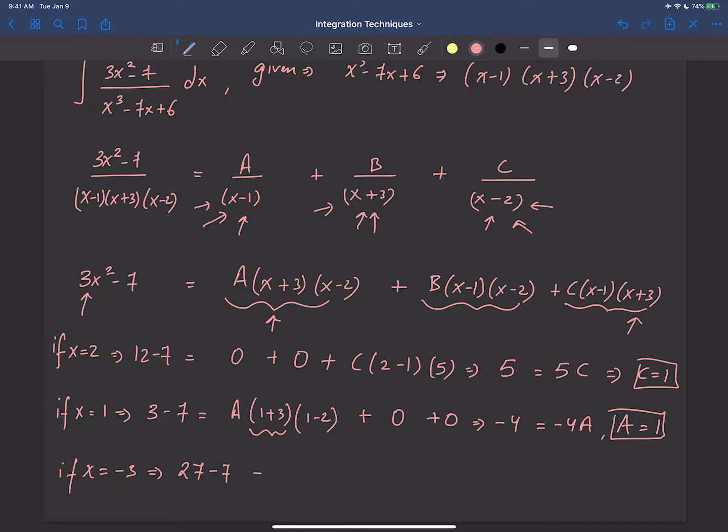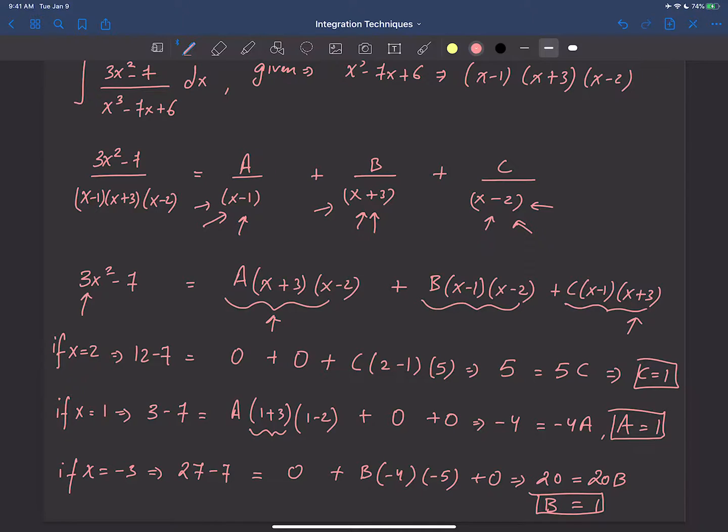On the right side, the a term will go to 0. The b term will have a minus 3 minus 1, so minus 4, and a minus 3 minus 2, so minus 5. The c term will be 0. This tells you it will be 20 equals 20b. So b needs to be equal to 1 as well. That worked out nicely, surprisingly.